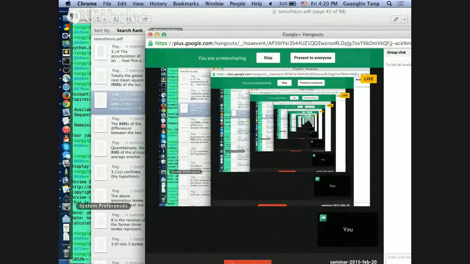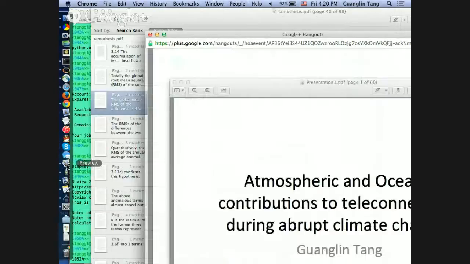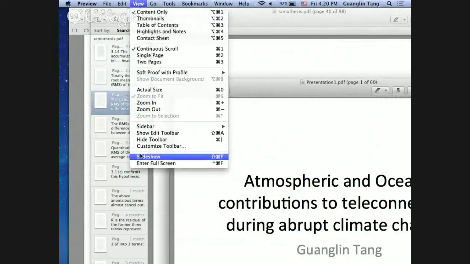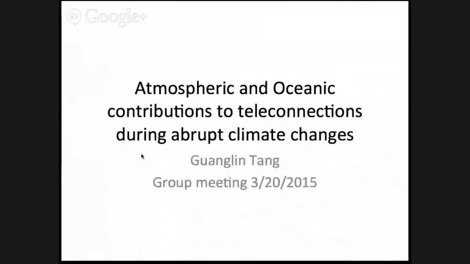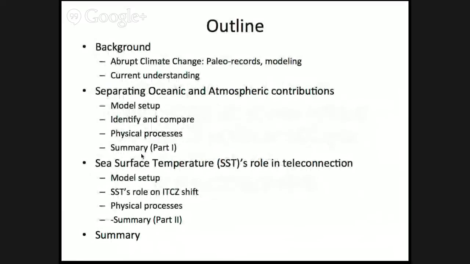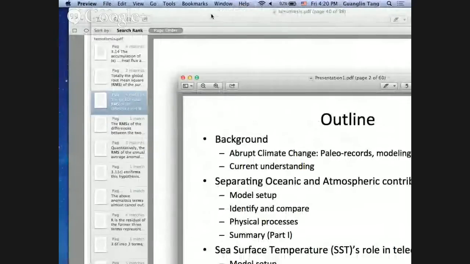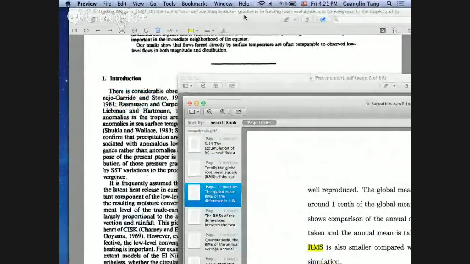You could go to the PDF. Preview. Slideshow. Okay, thank you. We need to, sorry, we need to set up. Yeah.